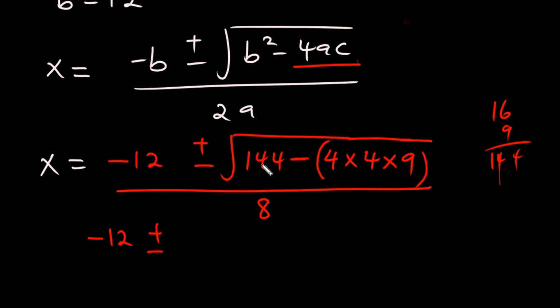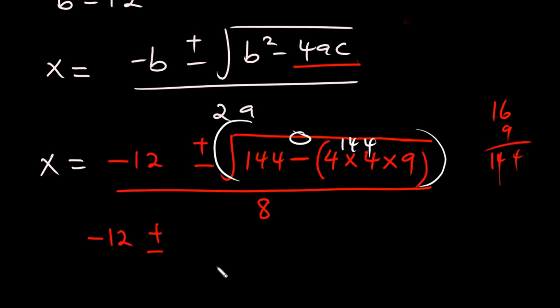So it's 144 minus 144, which is 0. And then the square root of 0 remains 0. So all this is 0.